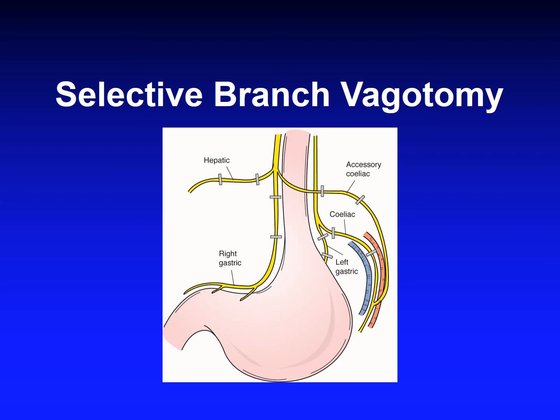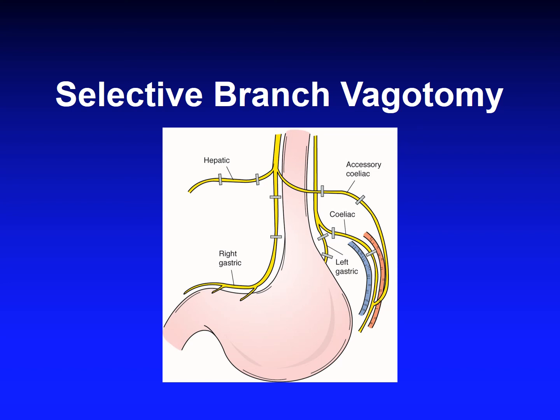Based on the diagnosis of the clinician, which area of the stomach is being affected with either ulcer or gastritis, we cut the branch of the vagus that supplies that particular region. That is what we refer to as selective branch vagotomy.